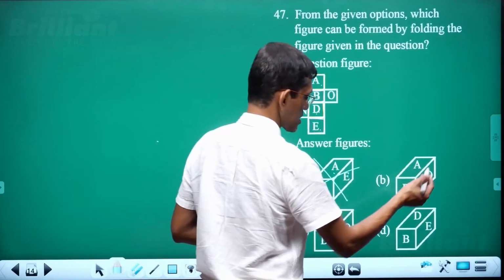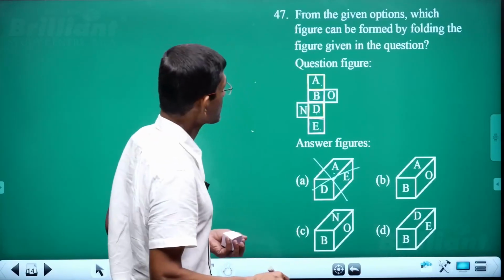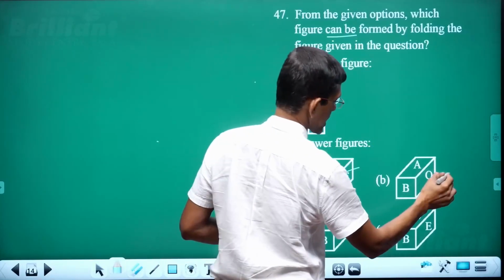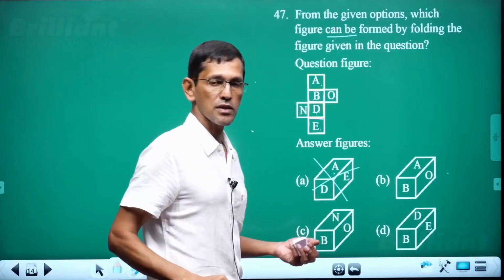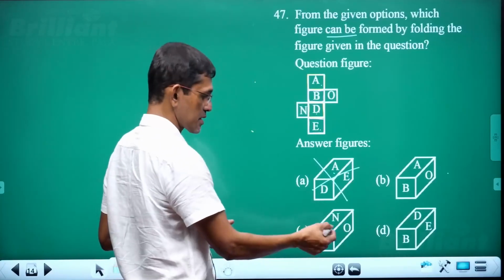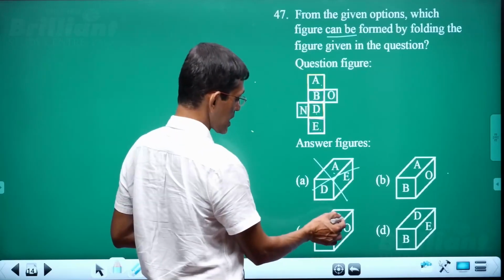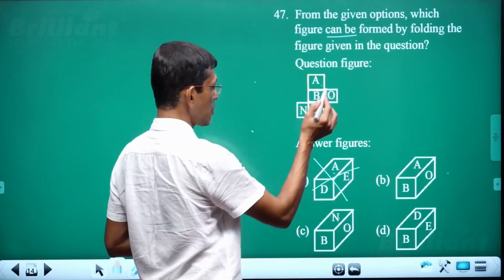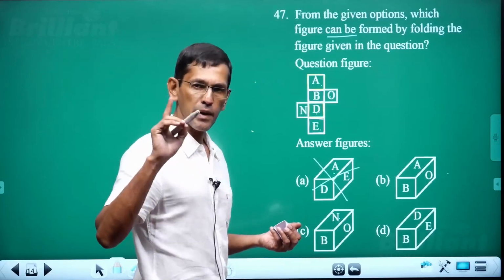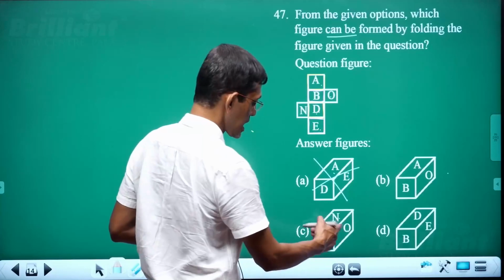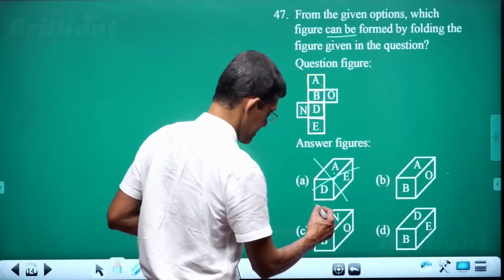B and O are adjacent, perfectly all right. So this figure can be formed. There's nothing wrong with that. How about the other figures? We just rule out the possibilities. N and O are the third pair of opposite faces, so N and O must be opposite. Here N and O are adjacent.